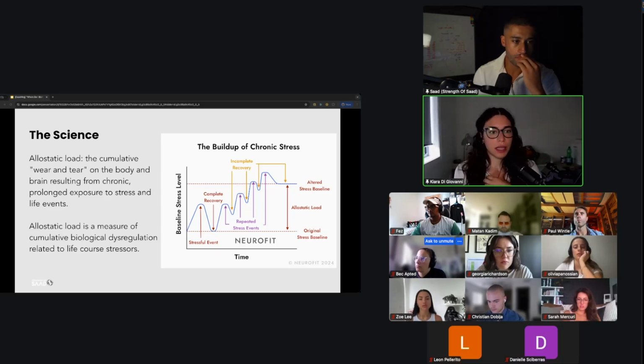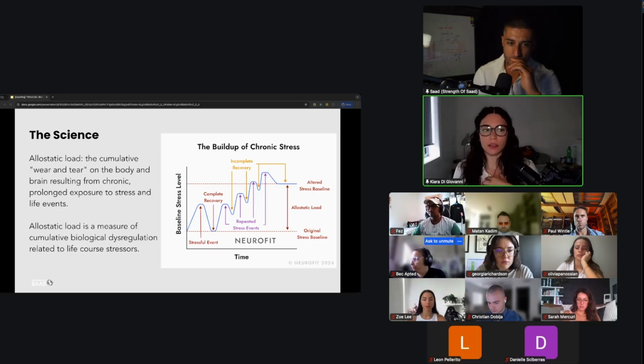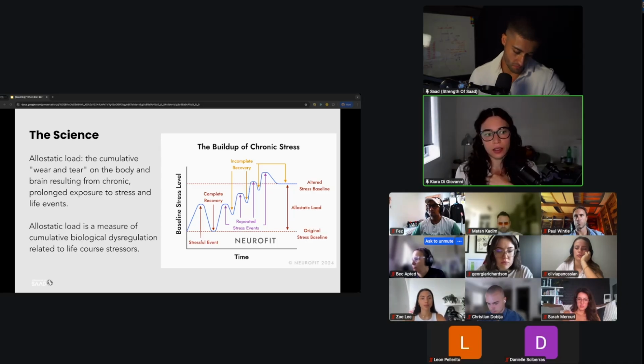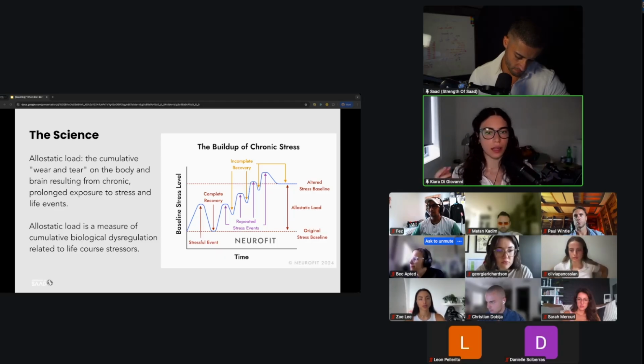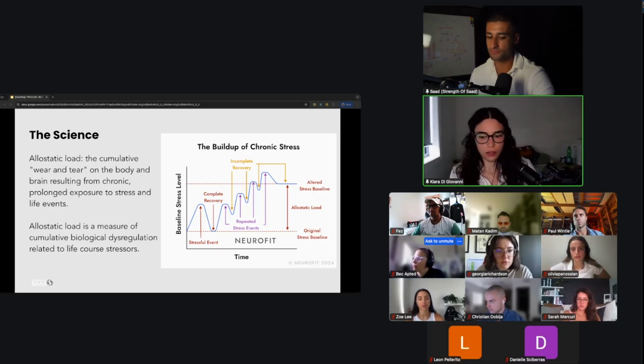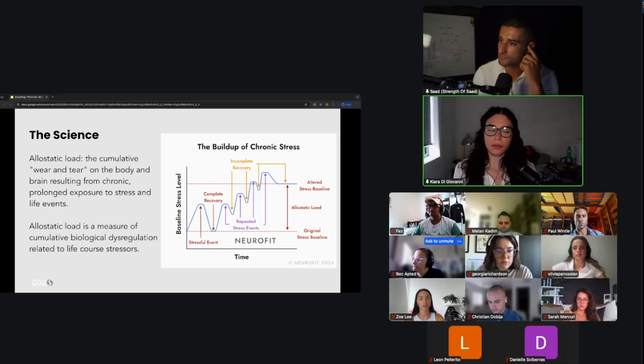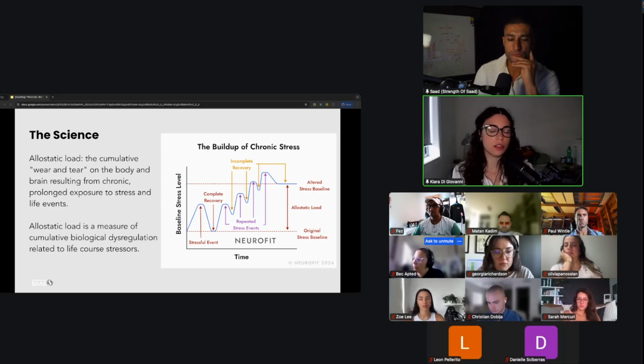The picture there shows that nicely, where stress keeps going up and up, and it's showing the incomplete recovery from it, because when things just keep piling up and your body's not able to deal with it, then your baseline stress level just becomes so much higher.